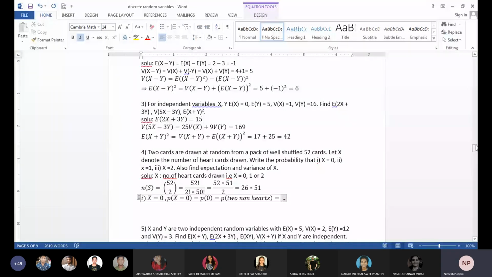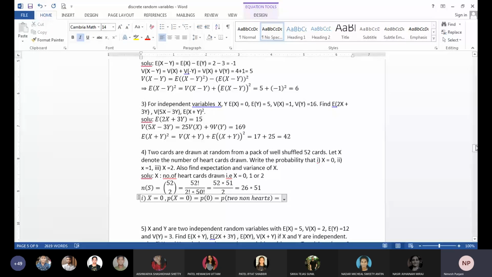Because x is the number of heart cards drawn. Here we are taking x as 0, which means both the cards drawn are non-heart. So how many non-heart cards are there? 39.